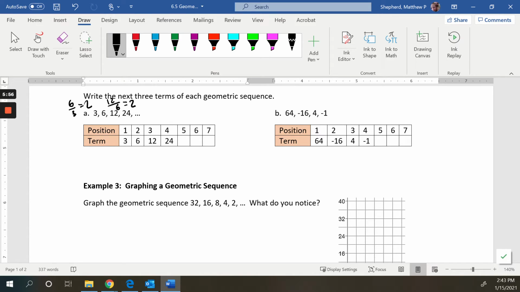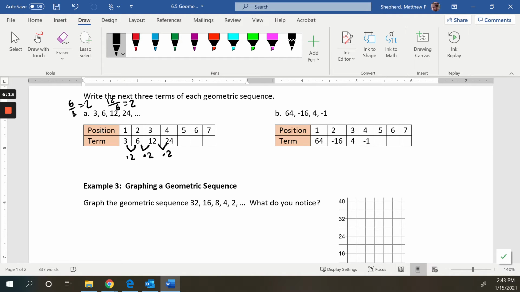So because my division going backwards told me 2, that must be what I'm multiplying by to go forward. Multiplied by 2, multiplied by 2, multiplied by 2.